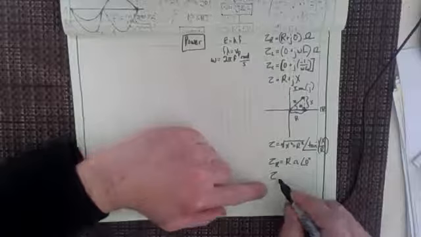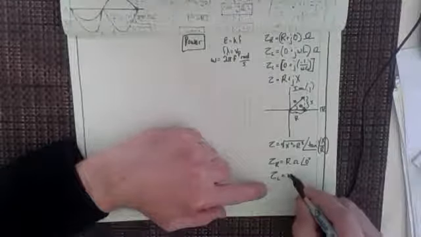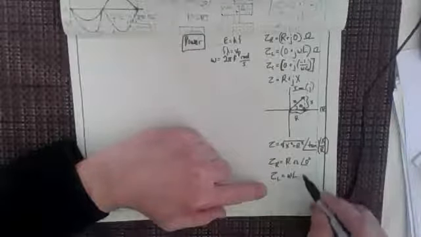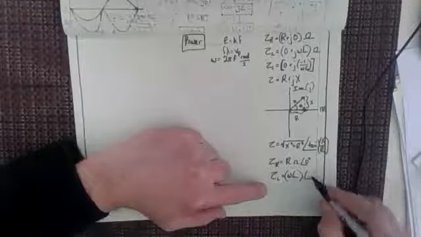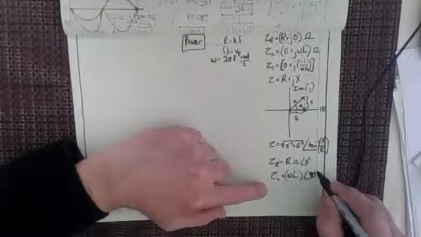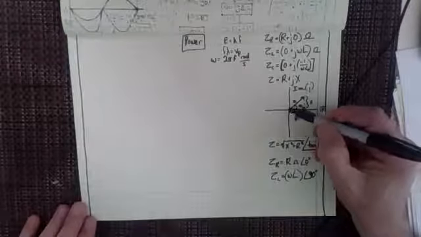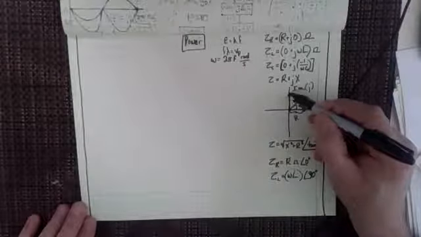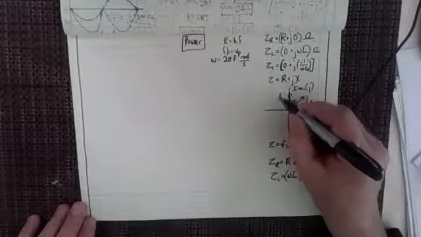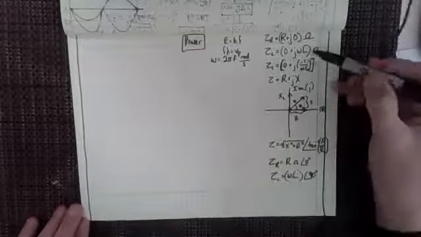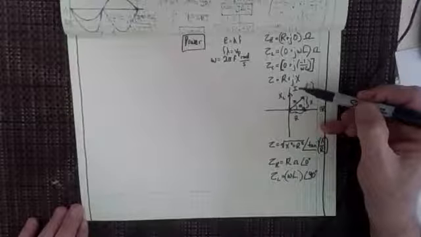Z sub L is just going to be omega L. That would be the magnitude, and then the angle is going to be 90 degrees, right? Do you see why I say 90? Because if I just had a pure reactance there, X sub L would only be going in the positive imaginary axis, right?